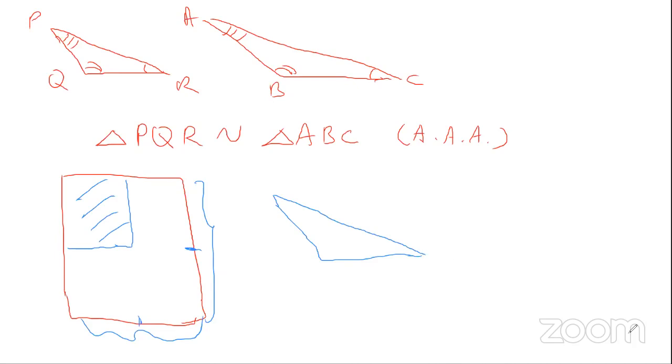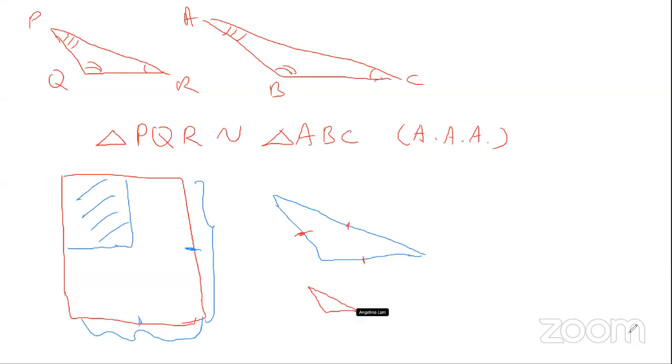For example, if I make this one shortened by 1/2 and this one shortened by 1/2, it means I have a smaller triangle like that.